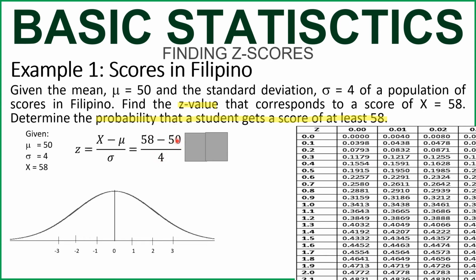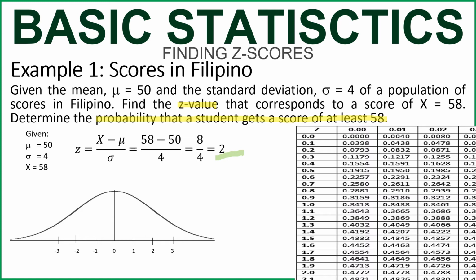Then 58 minus 50 is equal to 8 all over 4, and 8 all over 4 is equal to 2. Therefore, our z value is 2. So, we already got our z value.